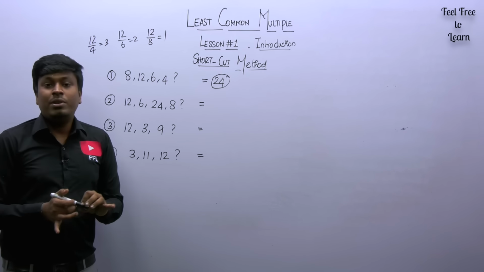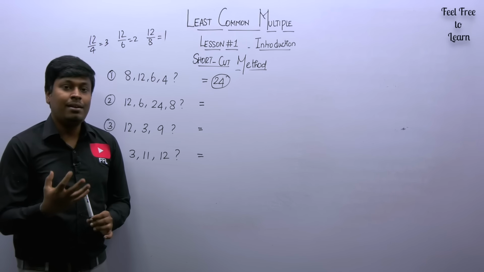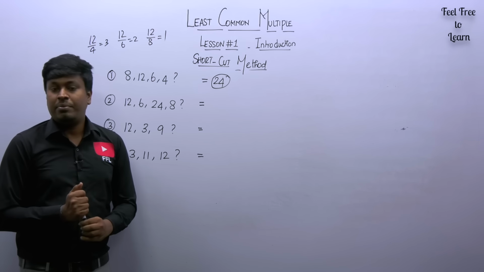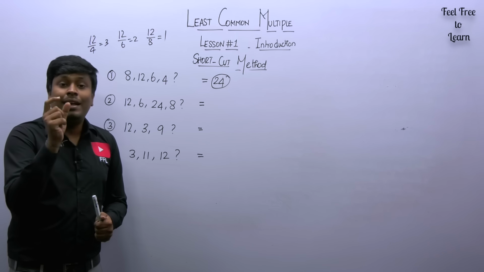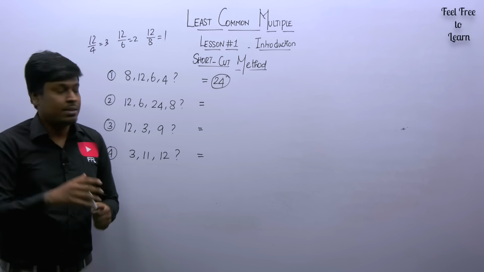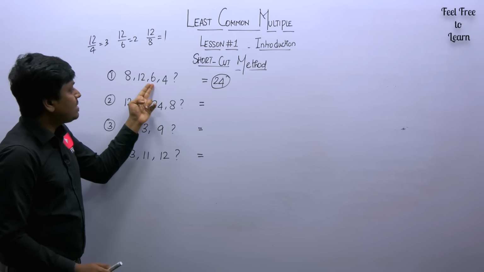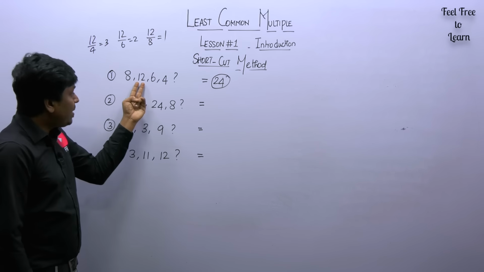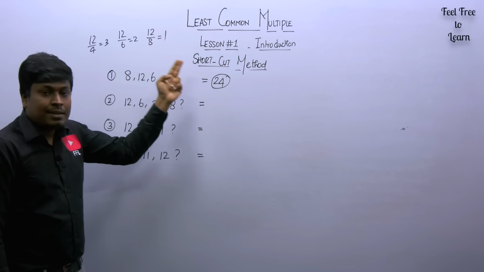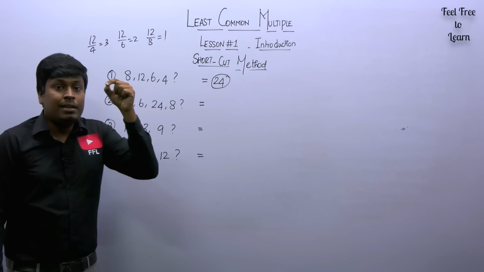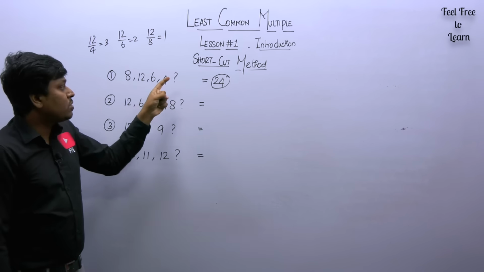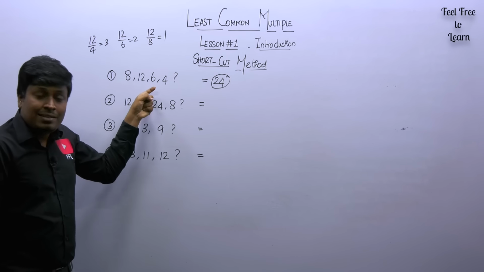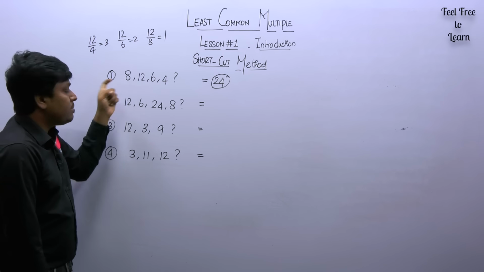So the first step is to check whether there is any prime number in the question. No, there is no prime number. Next step, take the largest number among the given numbers. Here 8, 12, 6 and 4, which is the largest? 12 is the largest. So first take 12 and check whether it is divisible by the remaining numbers. 12 is divisible by 4, 12 is divisible by 6, but 12 is not divisible by 8.